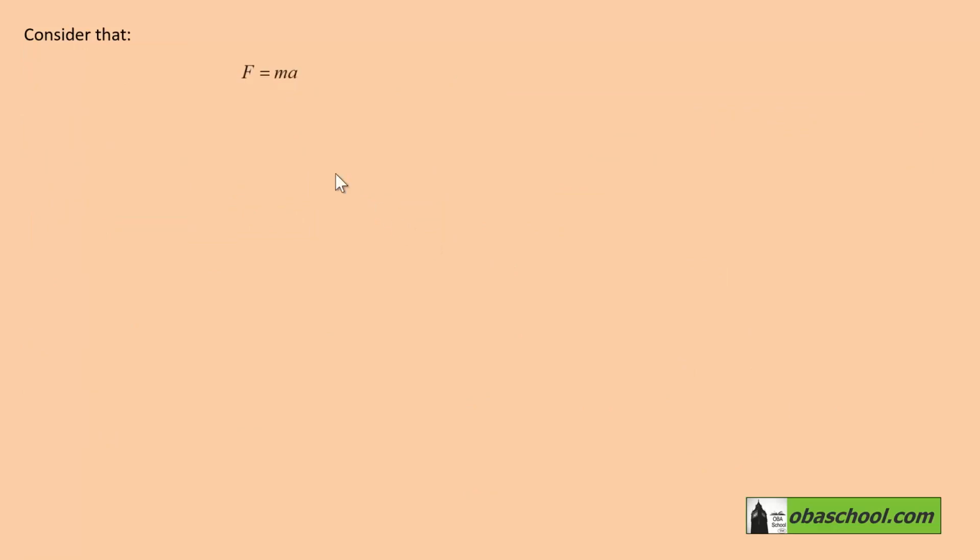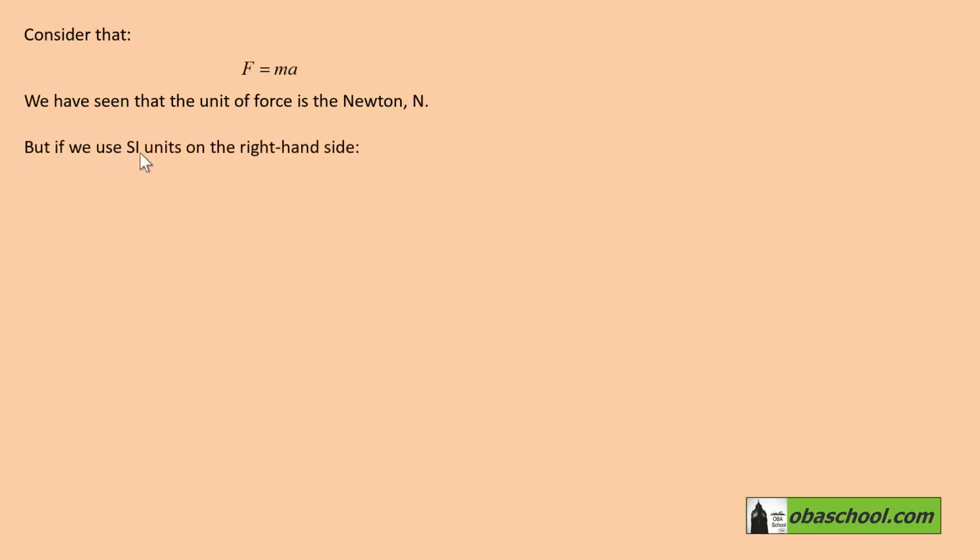Consider that force is equal to mass times acceleration. We have seen that the unit of force is the newton, N. But if we use SI units on the right-hand side over here, we have mass times acceleration, that's mass times the change in speed or change in velocity divided by time.